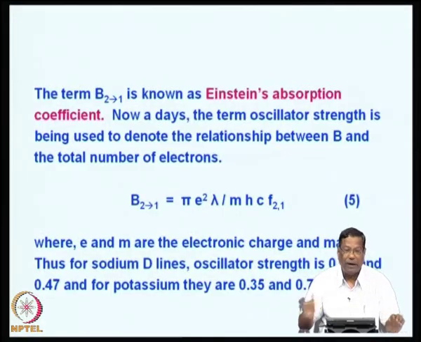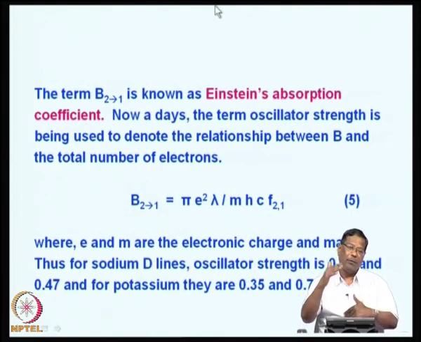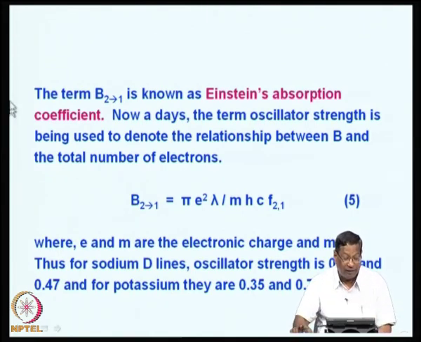That means, it is oscillating only between the two possibilities. So, it is known as harmonic oscillator, because the oscillations are reproducible, because the energy levels are fixed. So, the electron also has to go only between those two energy levels.